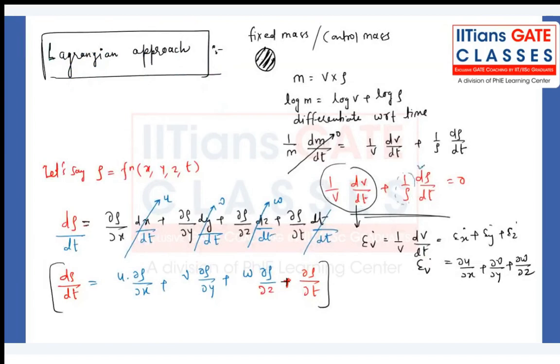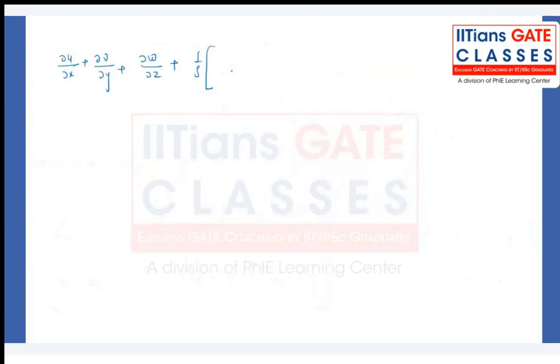If I write d rho by dt from here, 1 upon rho is already there, so the big bracket will be u into dou rho by dou x plus v into dou rho by dou y plus omega into dou rho by dou z plus dou rho by dou t, that is equal to 0. So that's how you arrive at the 3D general continuity equation.